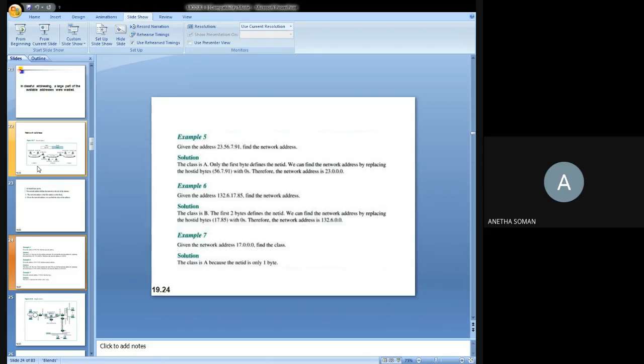This is how you are able to find out the network address if some IP address is given. Okay, so I will summarize today's class. What I have told is the concept of blocks.